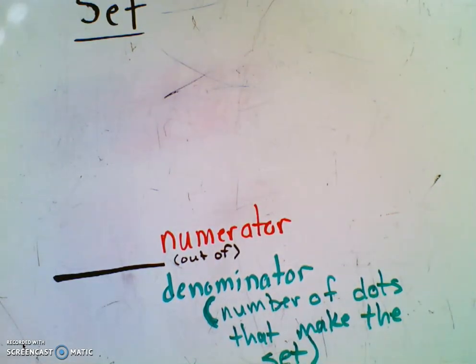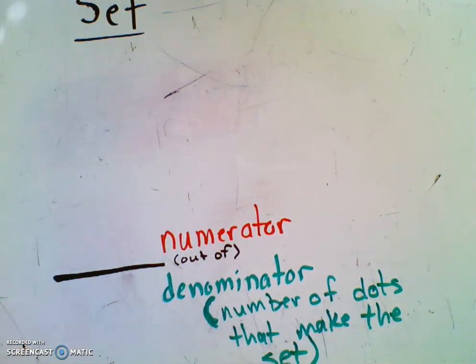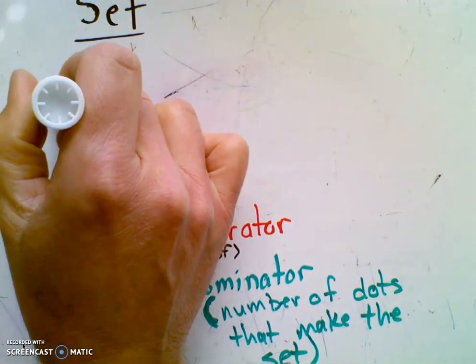So let's take a look at a new set, and let's use some new colors. I've got all these fun markers. We'll use, okay, I think that's purple. If it's not, don't laugh at me. Remember, Mr. Wendt's colorblind. So I'm going to make some stars this time.